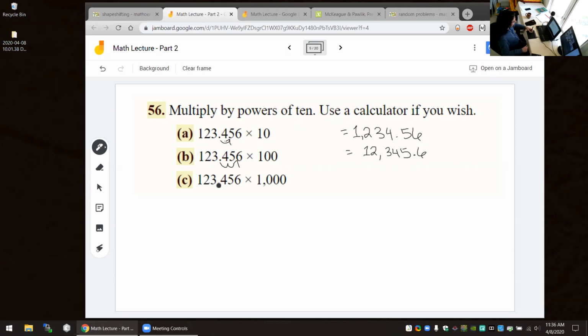And a times 1000 will cause three scoots to happen. So that's sort of our baseline thing. When I multiply by 10 or 100 or 1000, it scoots the decimal as many places as there are zeros.